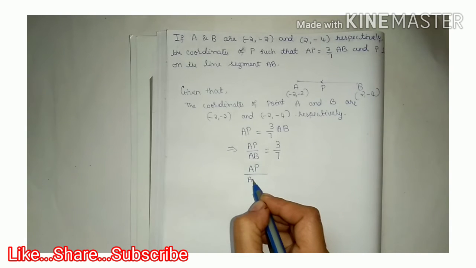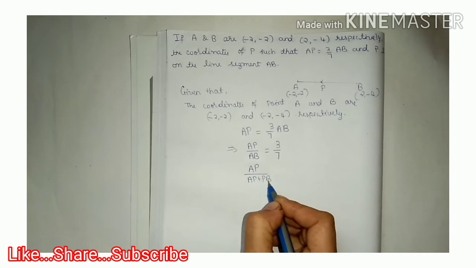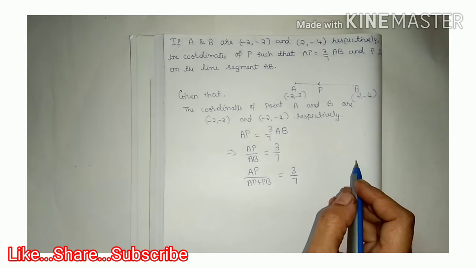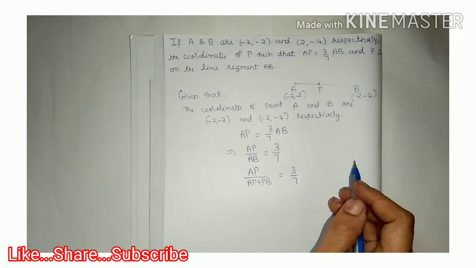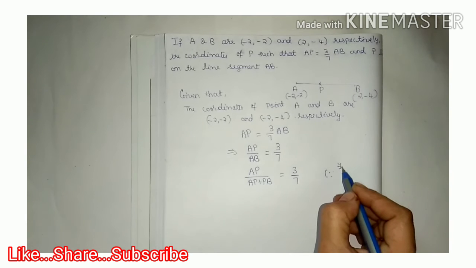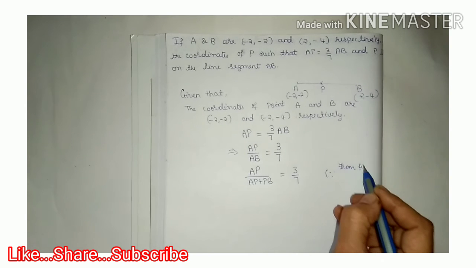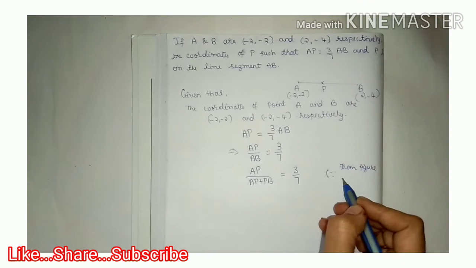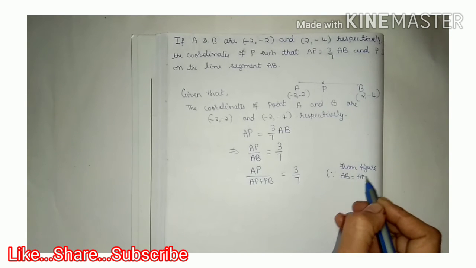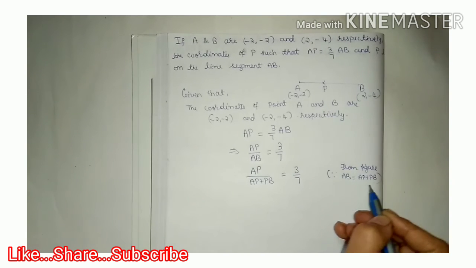From the figure we know that AB is equal to AP plus PB.